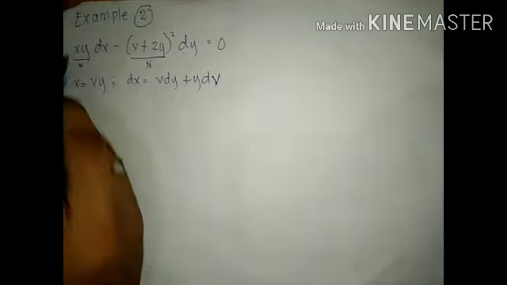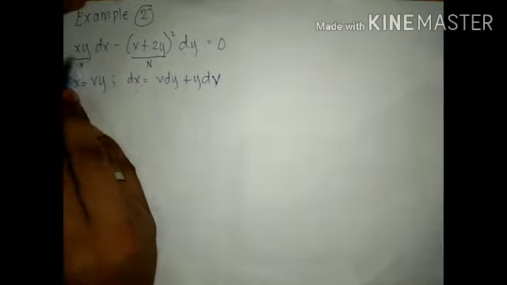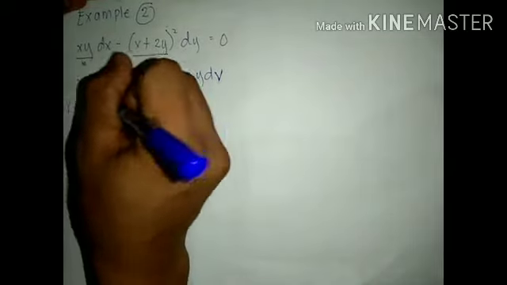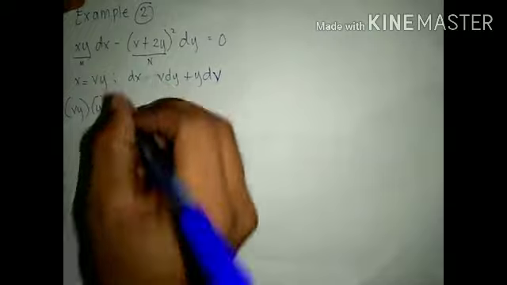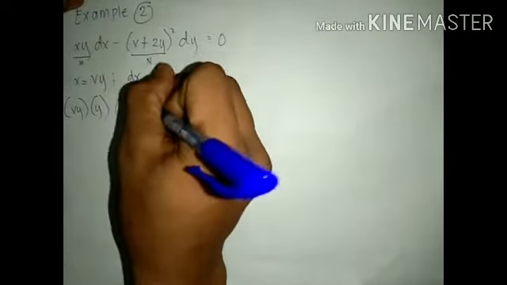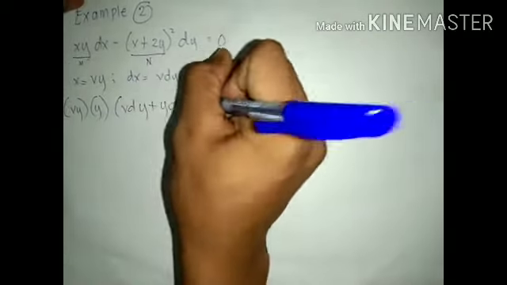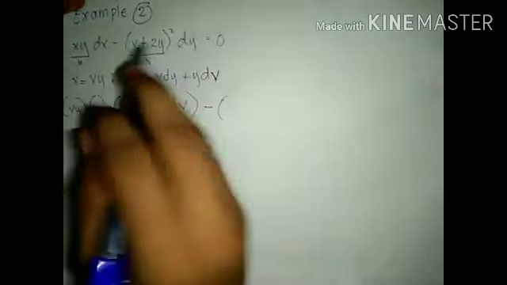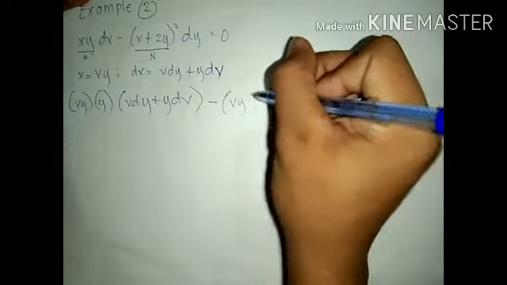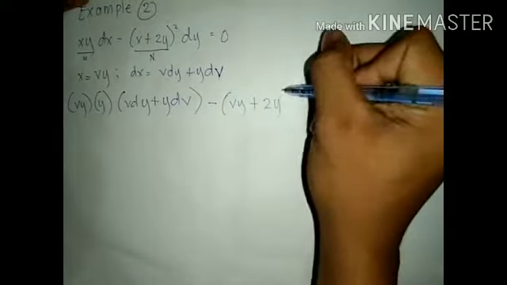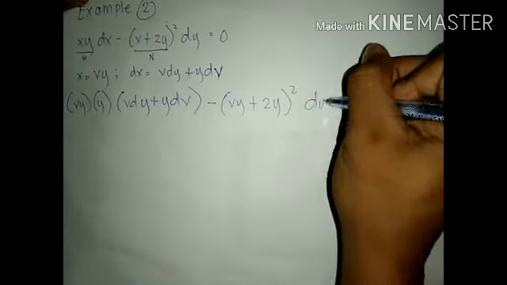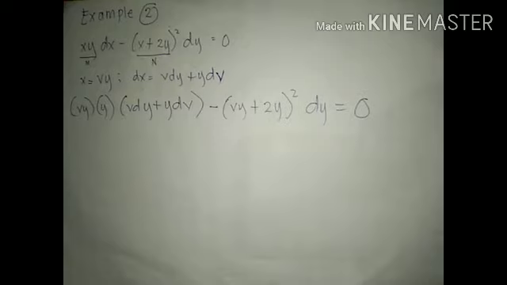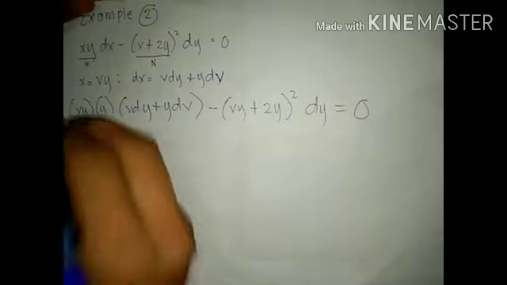So first, x is equals to vy times y, ang dx na to kay v dy plus y dv minus x na to kay vy plus 2y squared dy is equals to 0. And next kay ato siyang i-combine.